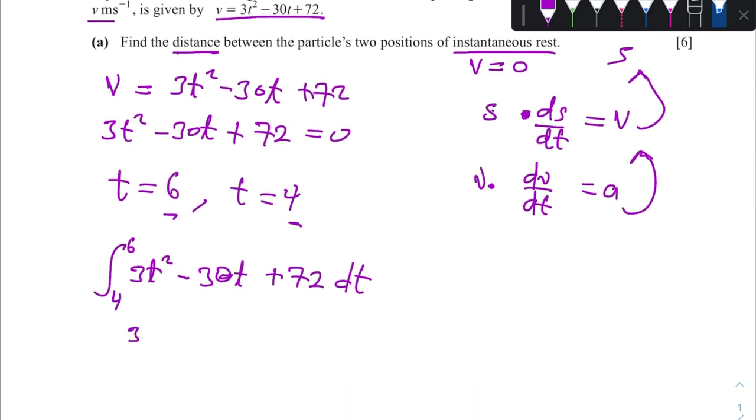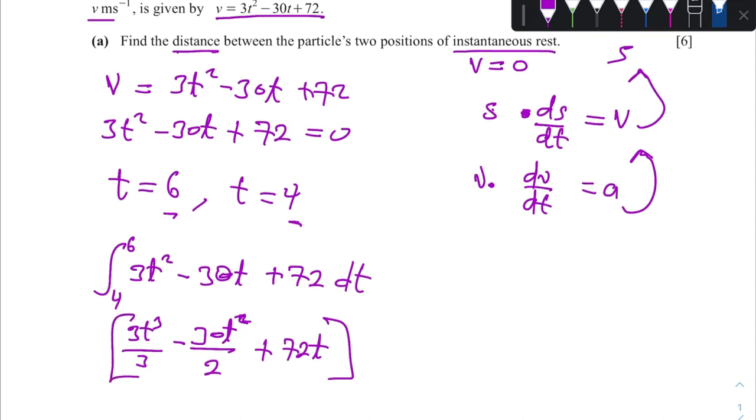So I'm going to have 3t cubed over 3 minus 30t squared over 2 plus 72t, all right? And then we are integrating from 4 all the way to 6. This 3 is going to get rid of this 3. And then this 2 goes into 30 to give 15. Yeah, so that's it.